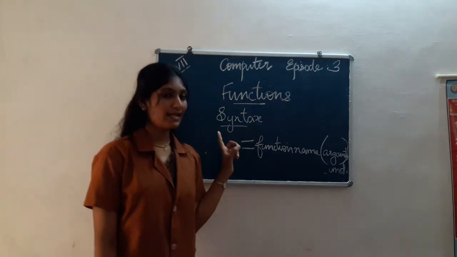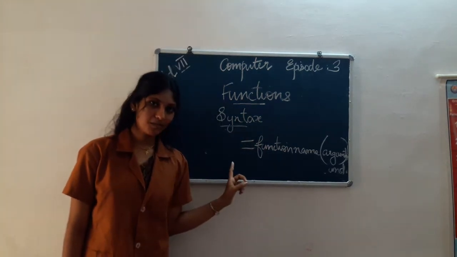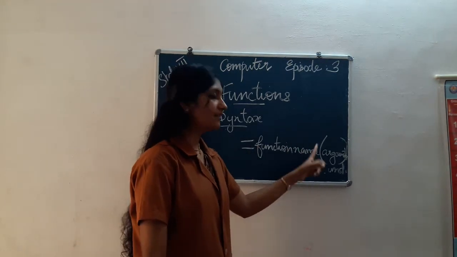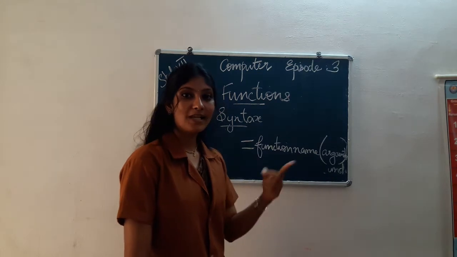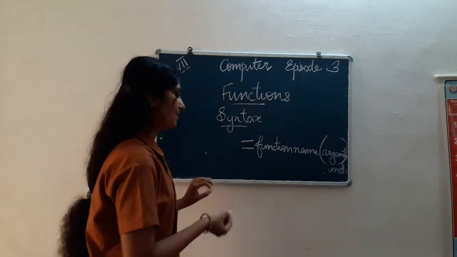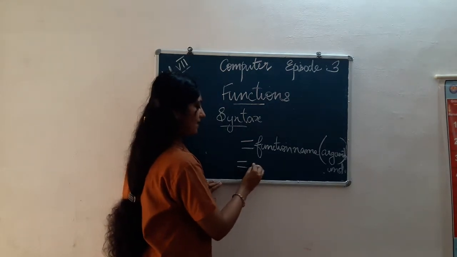So what is the syntax of a function? A function starts with an equal to symbol, followed by a function name, and then arguments placed within the brackets. Okay, let me take an example: calculation of finding the sum.